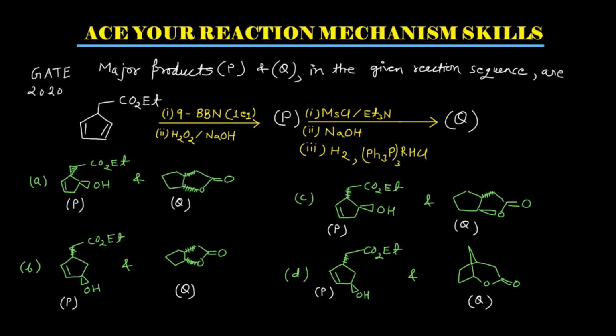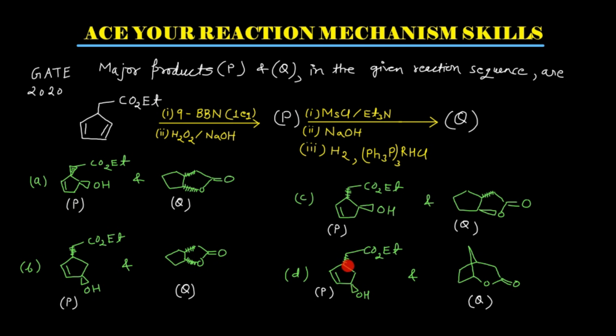If I go to C, C has the same stereochemistry of the product P as B. Both are the same. That means A and C could be correct. Now coming to the third one, again it is not possible here.